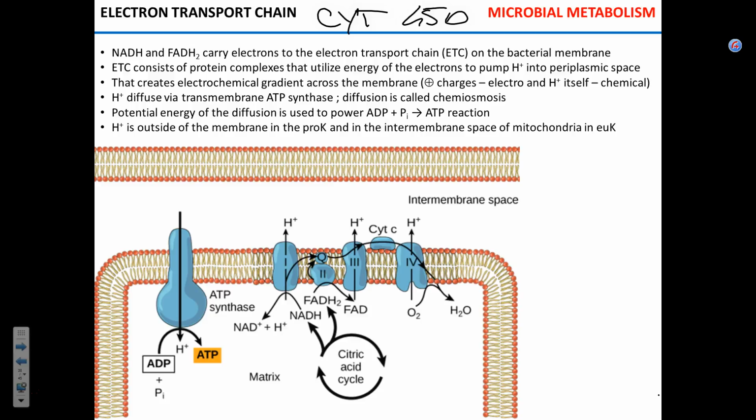In this case, electrons have energy in the beginning, and as they go through this chain of cytochromes, they give energy away. They lose it. Does that make sense? With every transition from cytochrome to cytochrome, electrons have less and less energy.